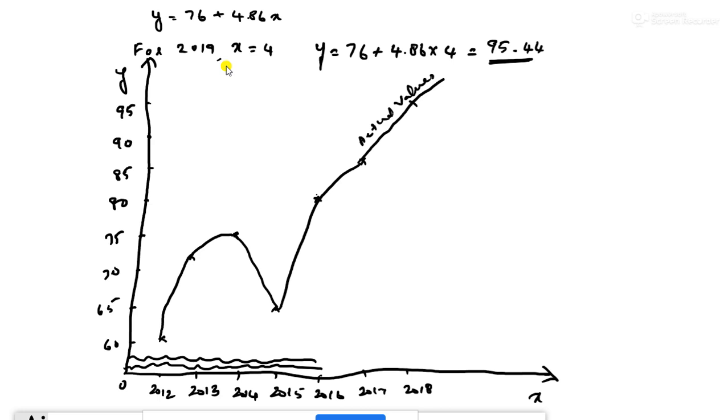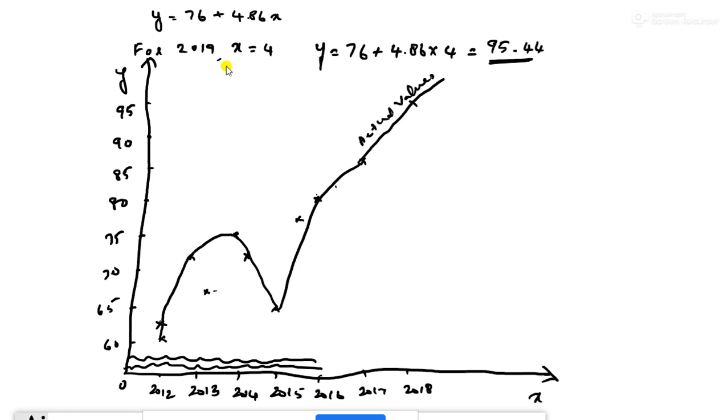Then 66.28, then comes 71.14, then 76. So for 2015 it is 76.